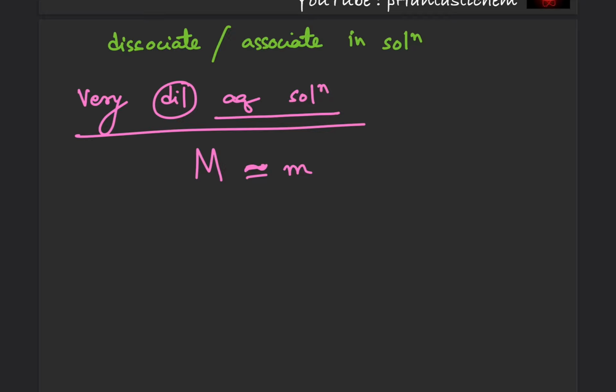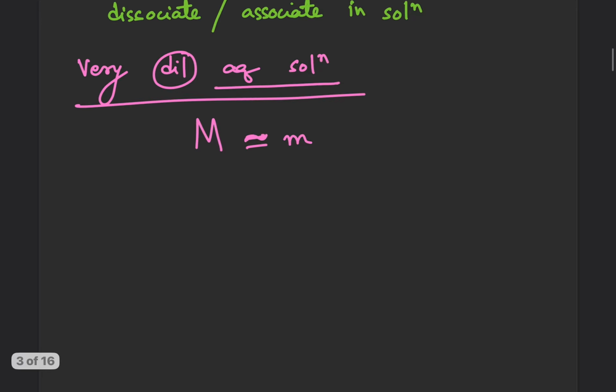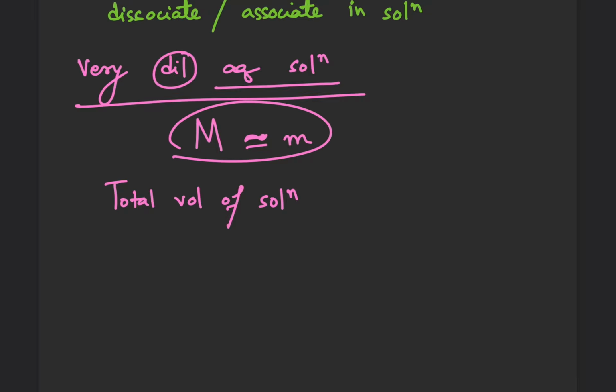That is because since it is a very dilute solution, the amount of solute will be very less. Therefore the total volume of solution will be approximately equal to the volume of solvent, because just now I mentioned that it is a very dilute solution, so the amount of solute is very less.